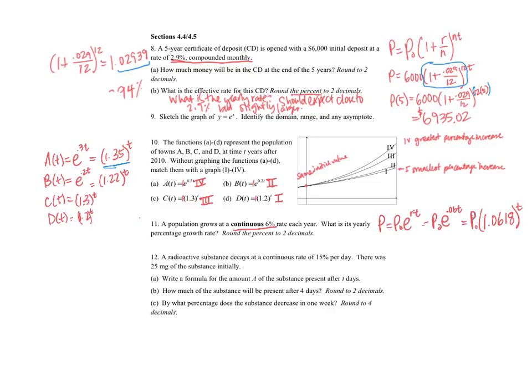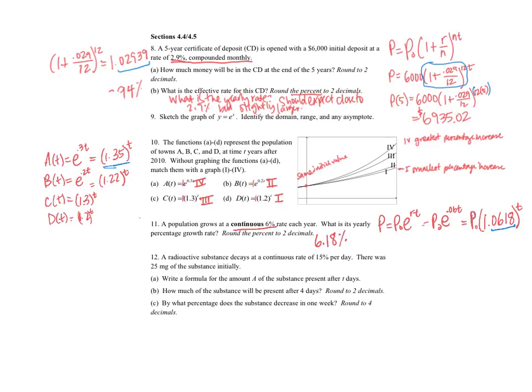And so if I look at this part of it, I can see that my rate of increase is 6.18%. So it should be close to 6%, but since it's continuous, it'll be slightly bigger.